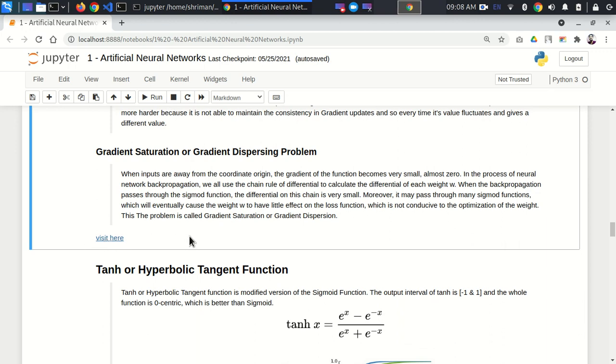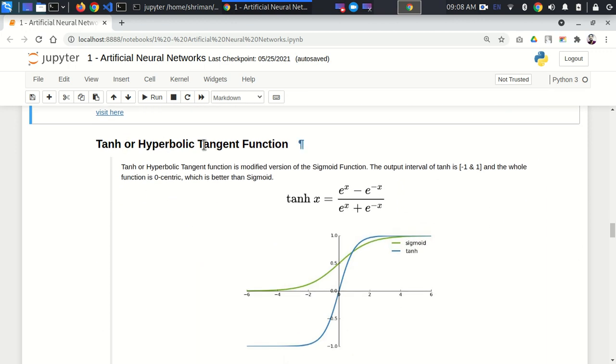So now, the tanh or hyperbolic tangent function is a modified version of the sigmoid function. People who were using the sigmoid function in the very beginning thought, okay, sigmoid is good, there are some pros, some cons, but now we will modify this function according to our need.